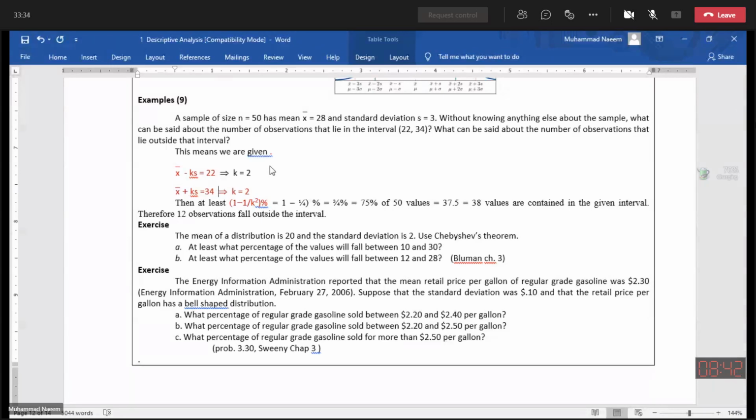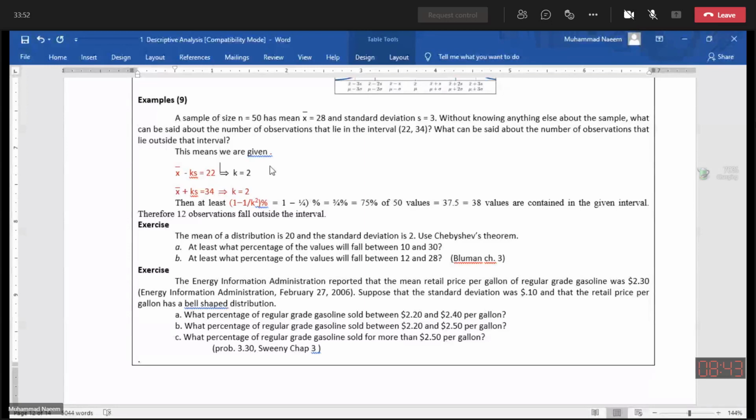As in this case it is not mentioned that the distribution is bell-shaped or normal, we deal with the Chebyshev theorem.